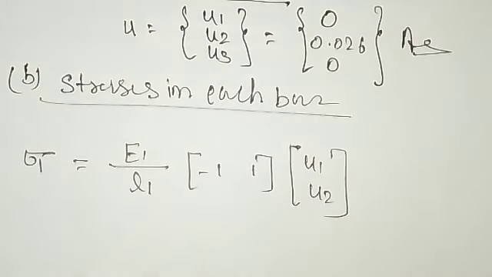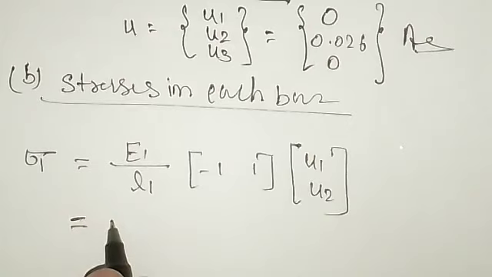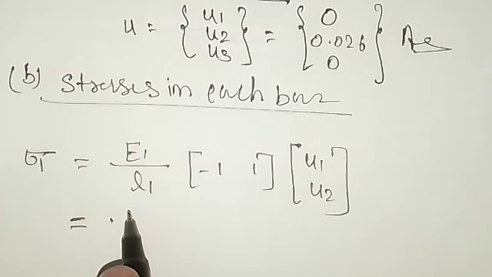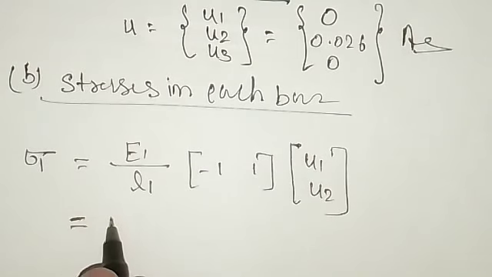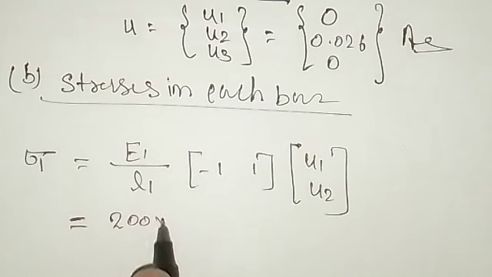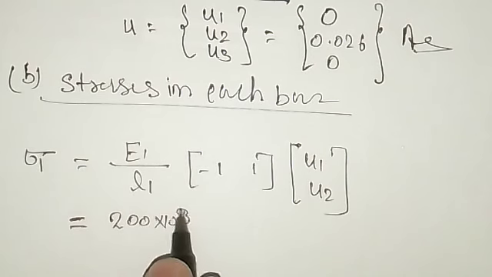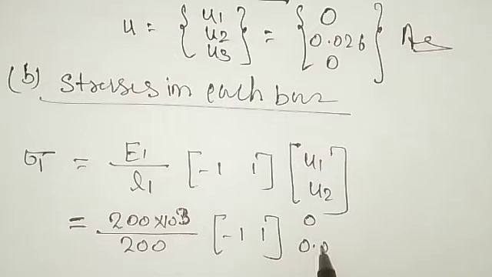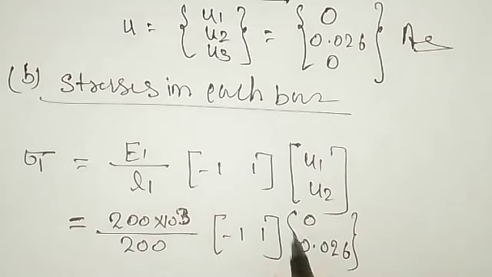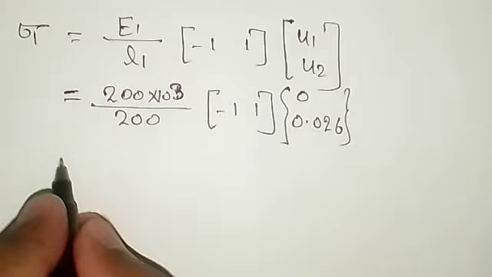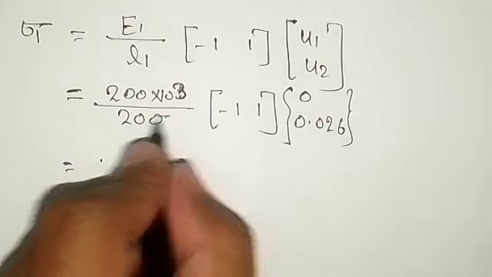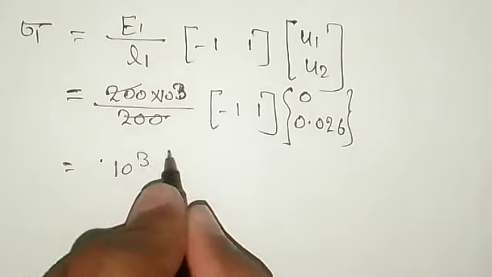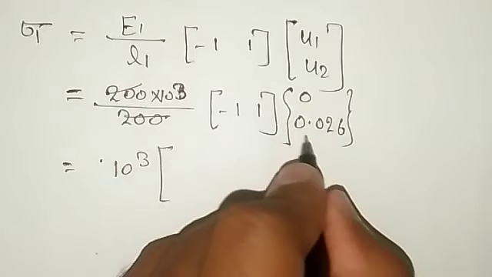So here E1 is what, 150? Let me check. Sorry, this is 200 right now. This is 200 into 10 to the power of 3 by L1, which is 200. It is [minus 1, 1], U1 is 0, U2 you have calculated 0.026, right? So I will show you how you get this. 200 and 200 get cancelled, so it is 1000, 10 to the power 3, and this row will multiply with this column, right?